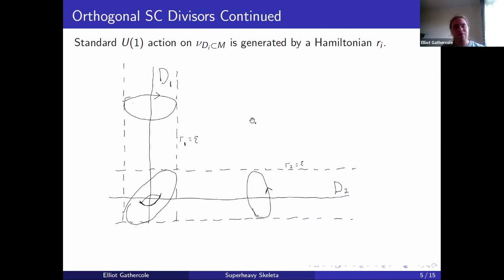And the way that the proof of that goes is roughly to every smooth embedded divisor component, you assign an embedded symplectic tubular neighborhood, and on each of those you have a standard U1 action, and that action is Hamiltonian, and they can be arranged to be compatible along the intersections between submanifolds.